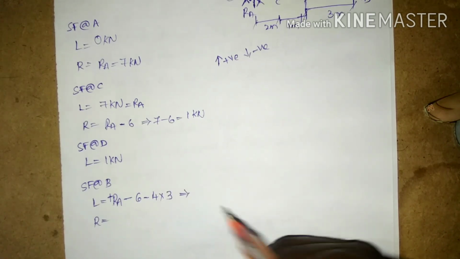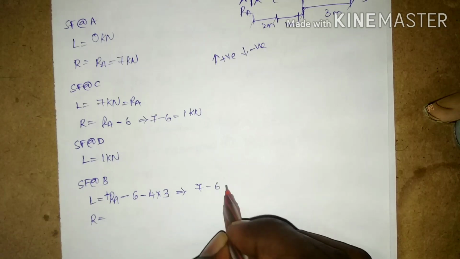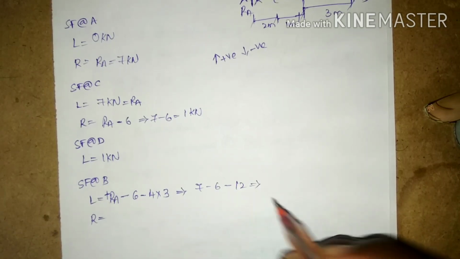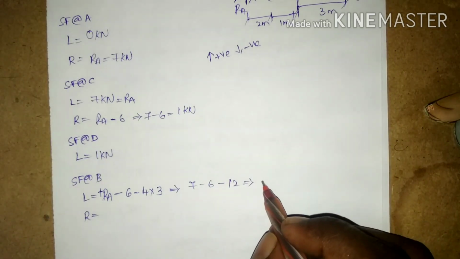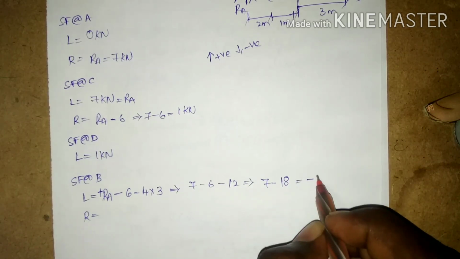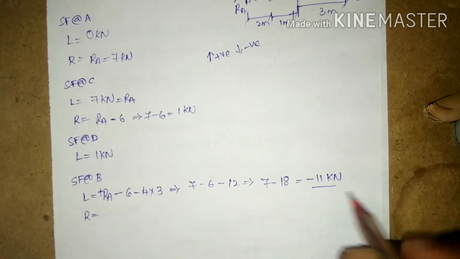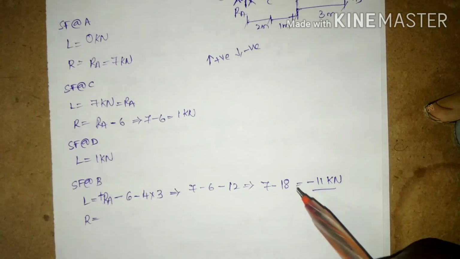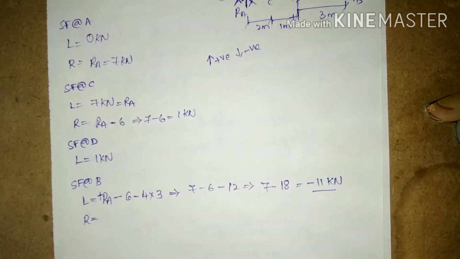That is 7 minus 6 minus 12. The value will be 7 minus 18, which is minus 11 kilonewtons. For the left of the B, I find minus 11 kilonewtons.